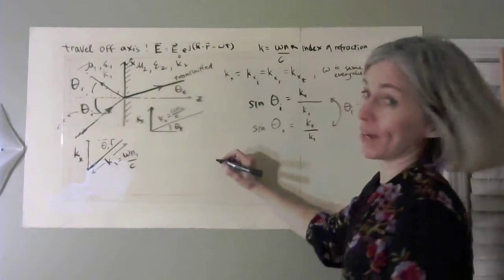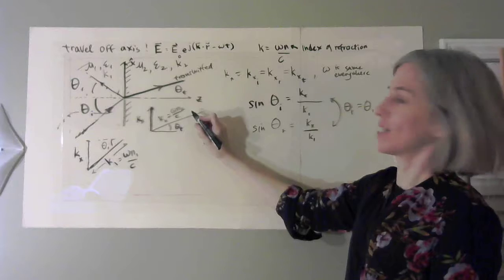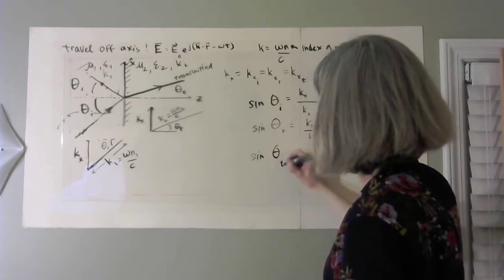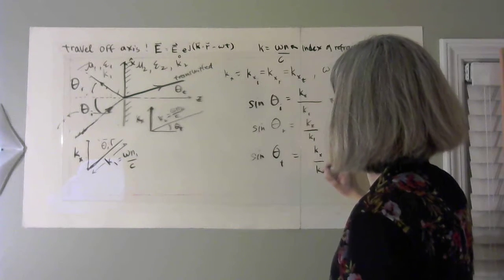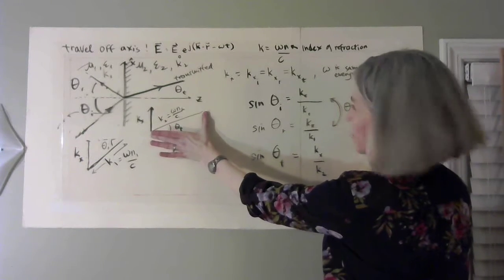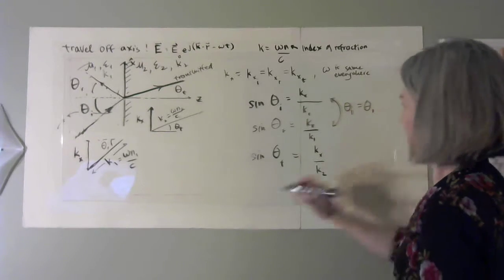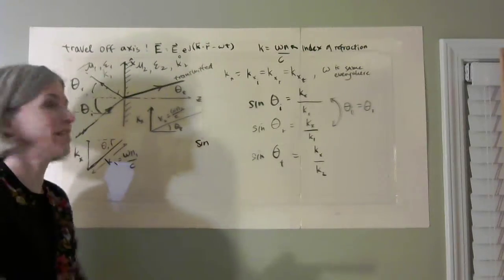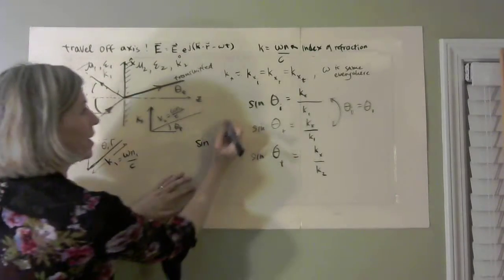What's the other one? Now we have to deal with material 2 having a different index of refraction. Sine theta transmitted is the same k sub x, but over k2. So it's got a little bit longer hypotenuse, the way I've drawn it here. We can put those things together. What we really like is to have everything in terms of the angle of incidence, because we're in charge of that. We're aiming the laser pointer.